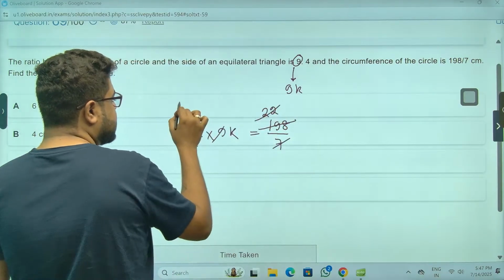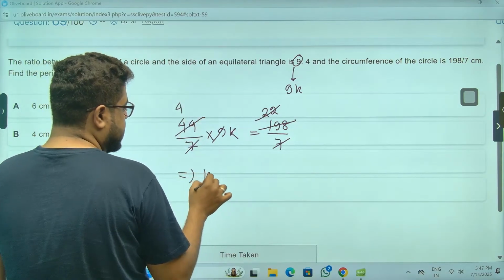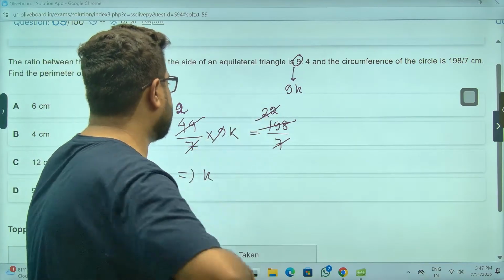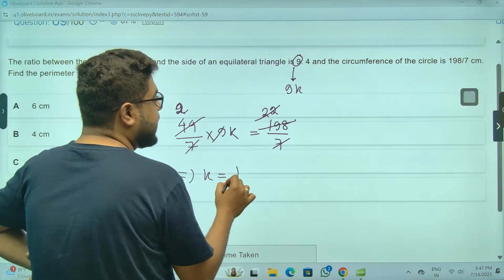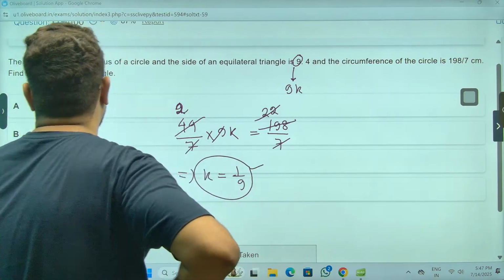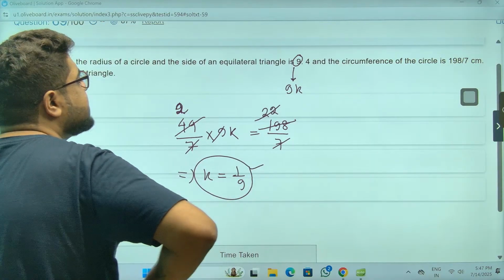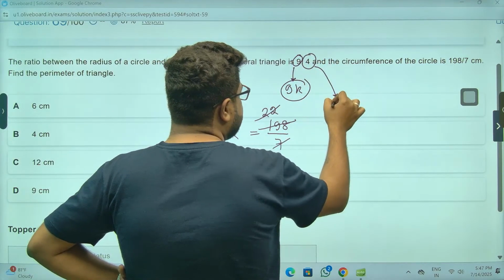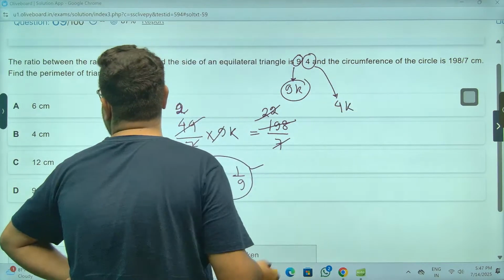So 9 से. So this is 4. Sorry, this is 2 sir. So k is 1 by 9. चलो ठीक है. तो 9k is 1 sir. So 4 parts will be, so 4k will be what? 4 by 9.